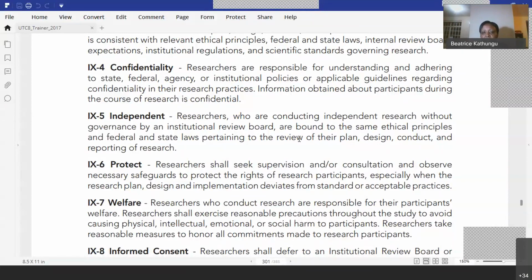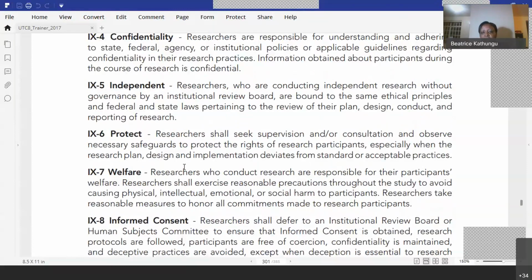Should we do such research, which we are calling independent research, we are still bound by the same ethical principles and the same laws, and therefore we must make efforts to review our plans, our designs, our conduct, and our reporting to ensure that we have followed the highest standards of ethics as well as any legal requirements.